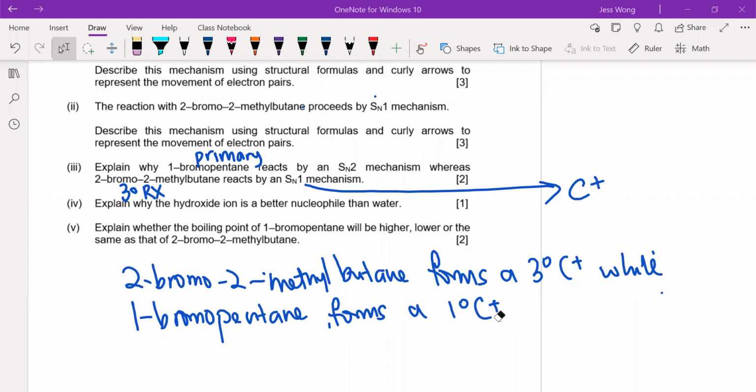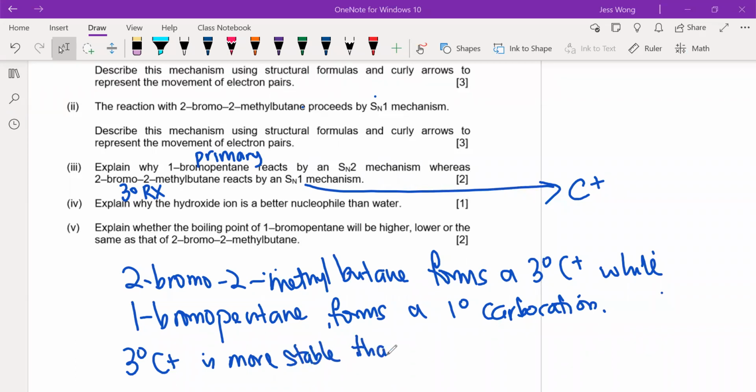You should spell carbocation. So you need to talk about the stability. The tertiary carbocation is more stable than the primary carbocation. Therefore the primary carbocation will not usually be formed. So it forms a tertiary carbocation which is more stable.